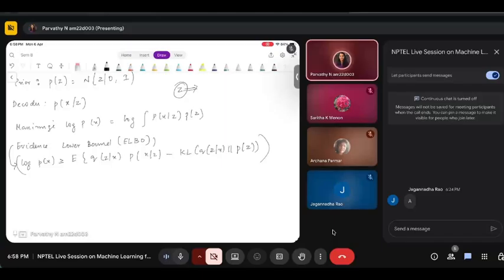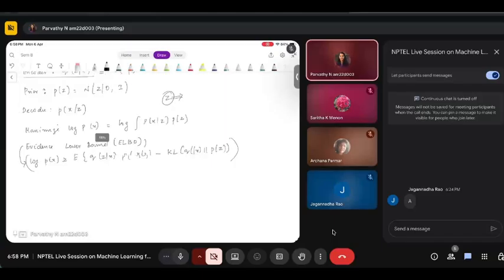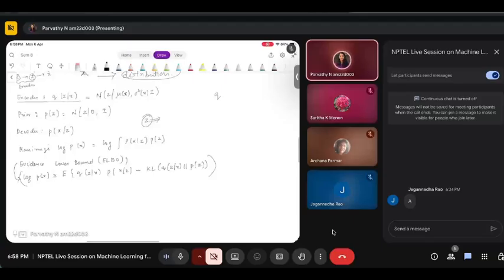Now, the encoder will give q of z given x. We want this q of z given x to match this prior. They should be similar. This is what the KL divergence measures.